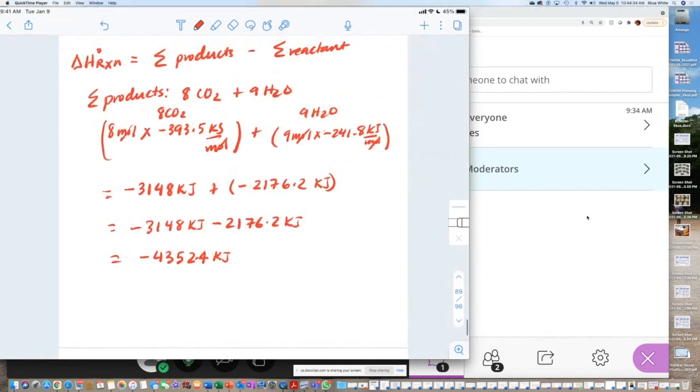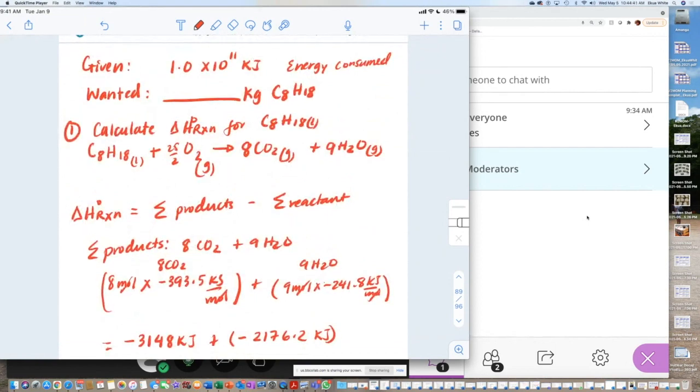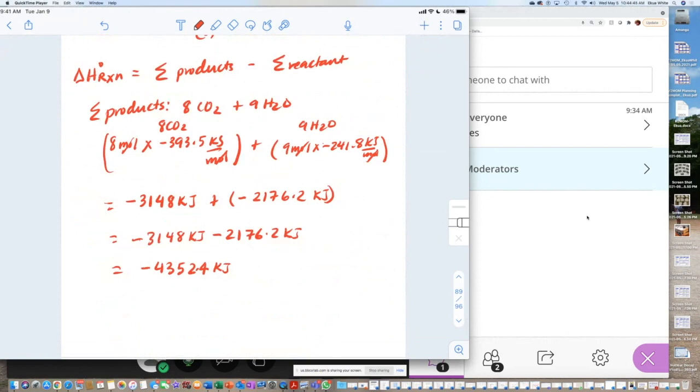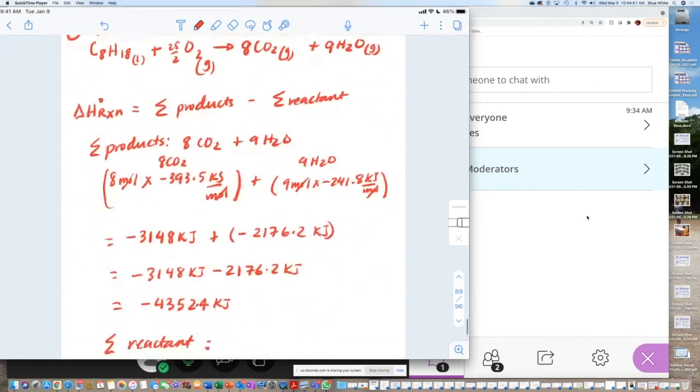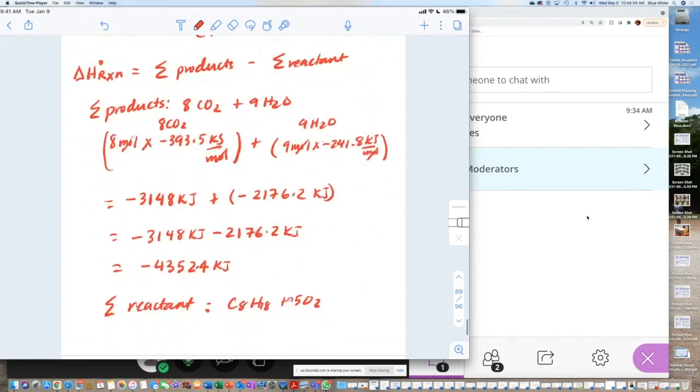Now for my reactant side, what do I have on my reactant side? For my reactant side, I just have, well, this is balanced. I just have 1 mole of, so I'll say sum of the reactant. Because the formula, remember, for the reactant side is C8H18 plus 25 over 2 oxygen, like that, right?